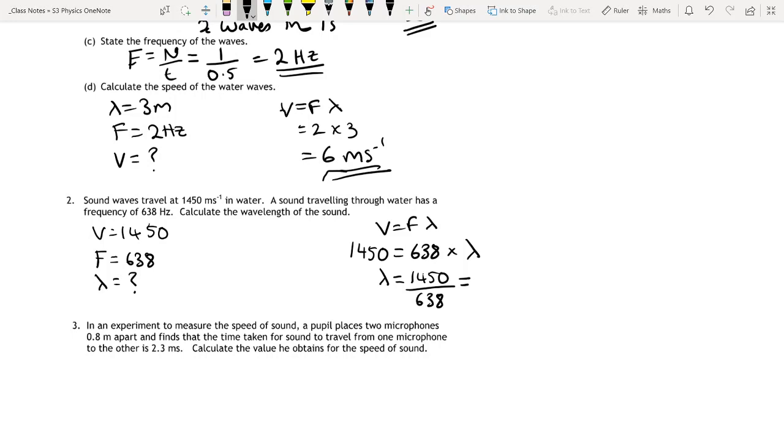I mean, you could use speed as distance divided by time, but then you'd have to work out what the time is first of all. So it would just take you an extra step. So you should get your answer to that, 2.27 meters.